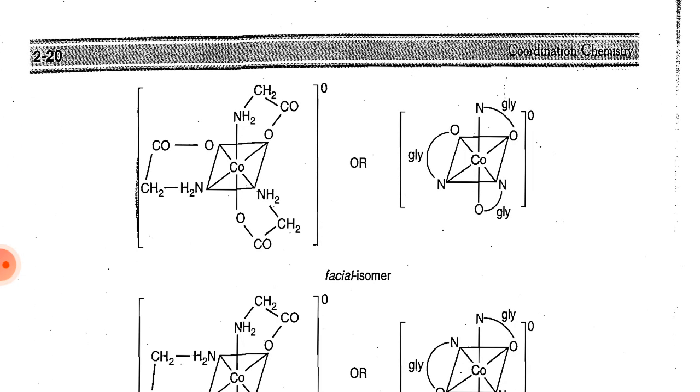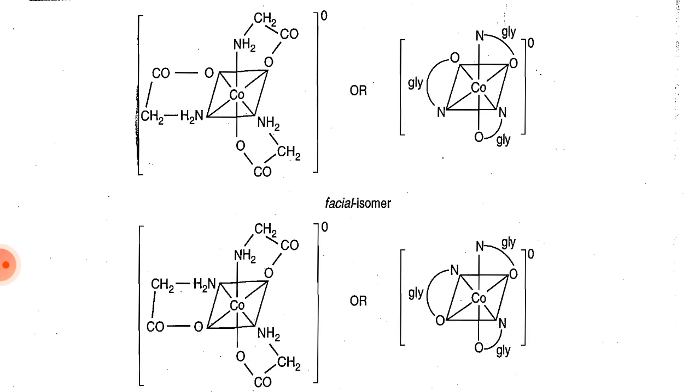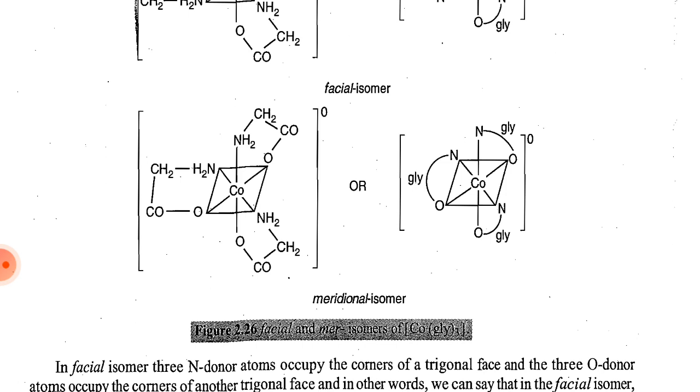So here, this shows the facial isomer. This is the cis isomer, and this one is the meridional isomer, where the donor atoms are opposite to each other.